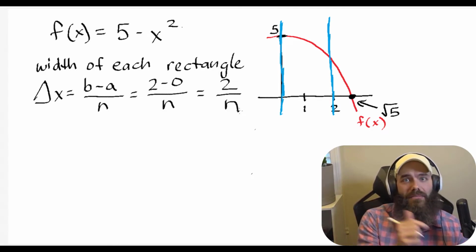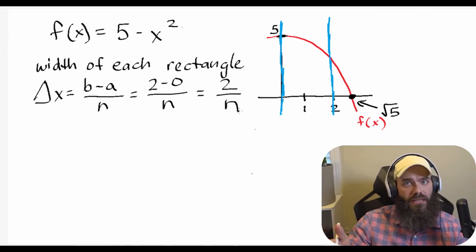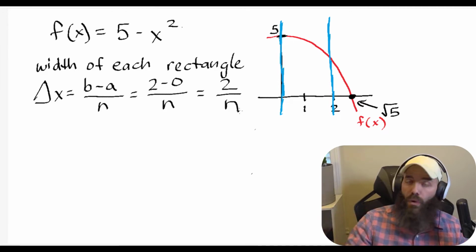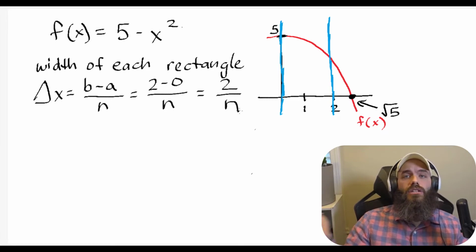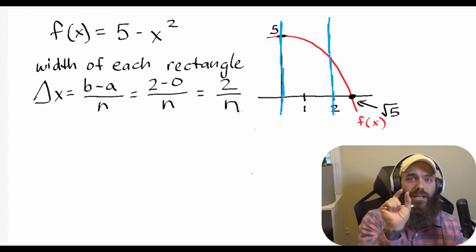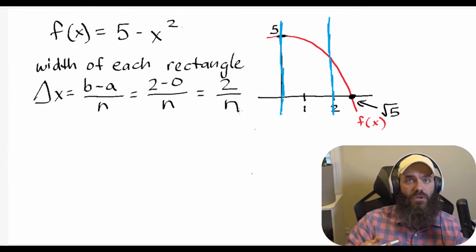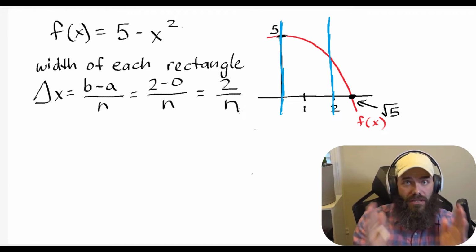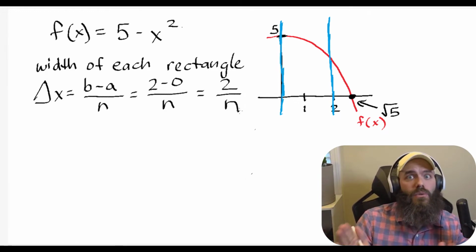If I take b minus a, where b is the right endpoint and a is the left endpoint, so 2 minus 0, divided by the number of rectangles that I want, right now we'll just say it's n. So 2 minus 0 is 2, and 2 over n is the width of each of these rectangles, or the length of these subintervals that I'm breaking the 0 to 2 interval into.